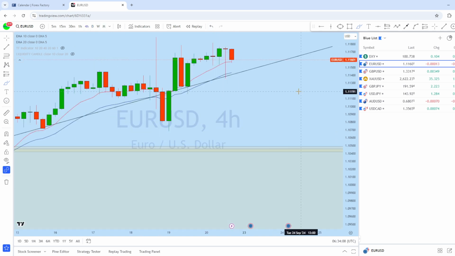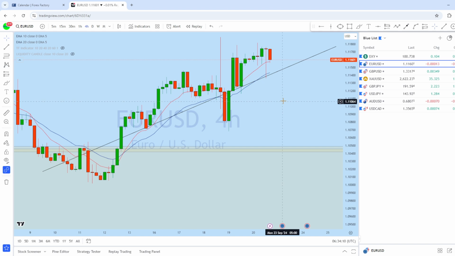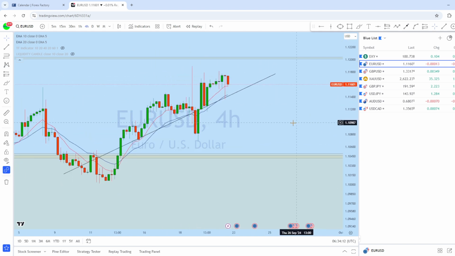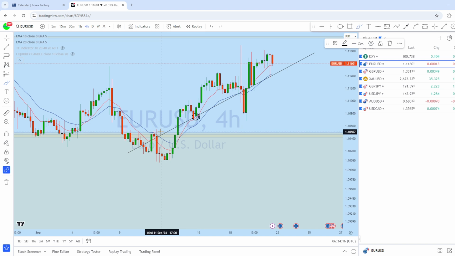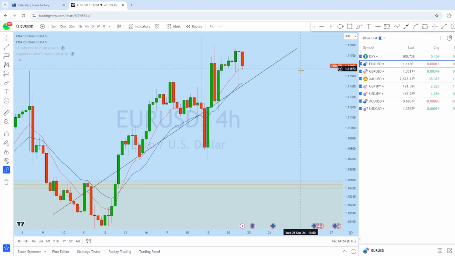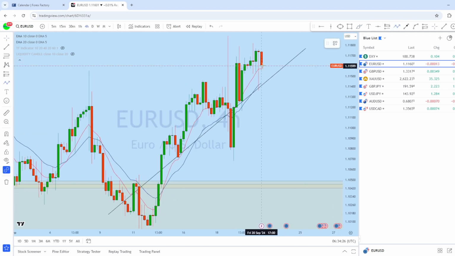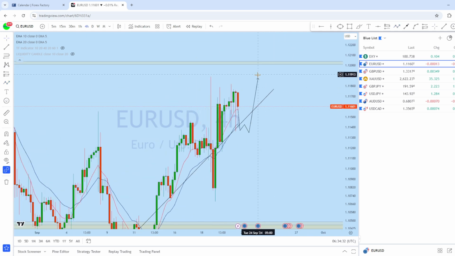So we can see from the intraday how the price might be doing here. So what we can see is this is a support here, resistance here, support here, support here. What we can expect on EURUSD is for the market to break below, which is potentially what we could see, break and then bounce back to the upside.